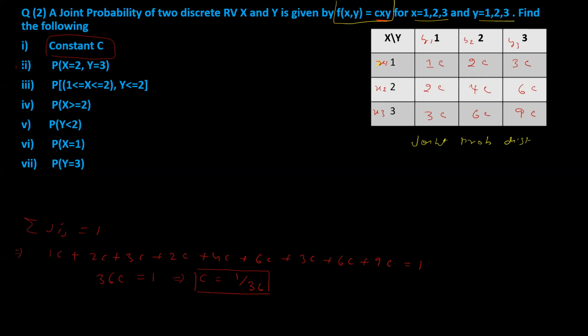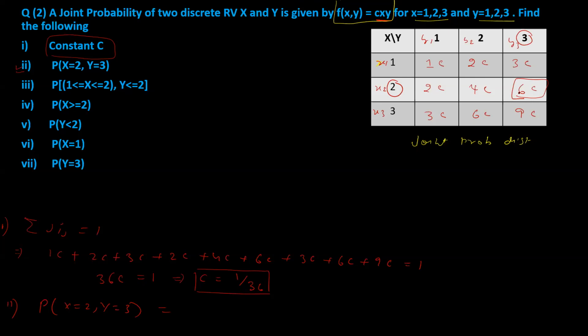Next, let us find the probability of x greater than 2 and y equal to 3. So this is first. Now let us go for the second. The probability of x equal to 2 and y equal to 3 means what? X is equal to 2 and y is equal to 3. Which value am I talking about? I am talking about this value, which is 6c. Got the point or not?